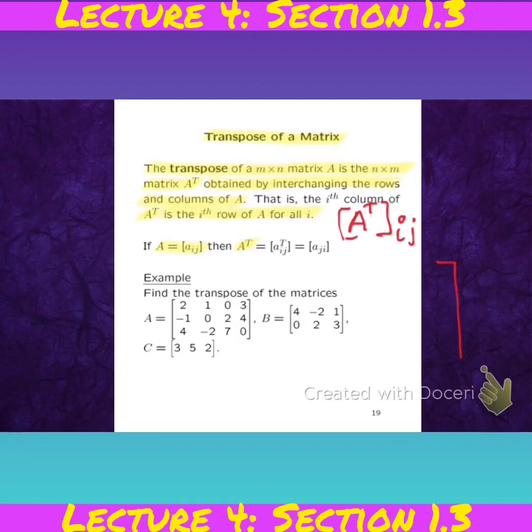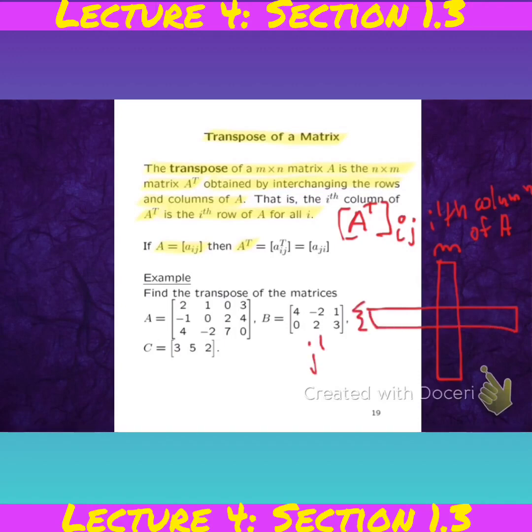So if we look at the ith column of A, and we look at the jth row of A, so that is the jth row of A. If we look at that entry there, what is the entry there?